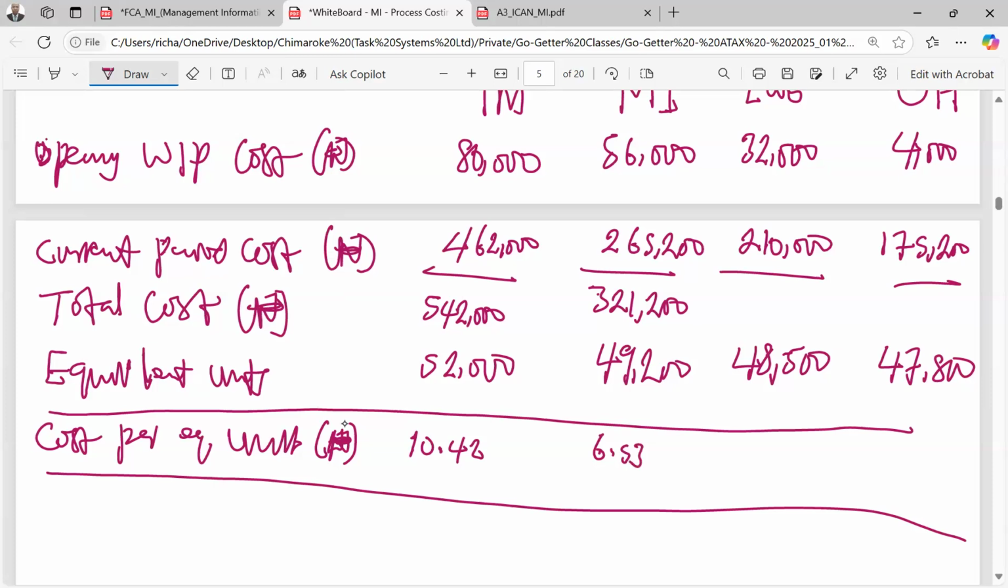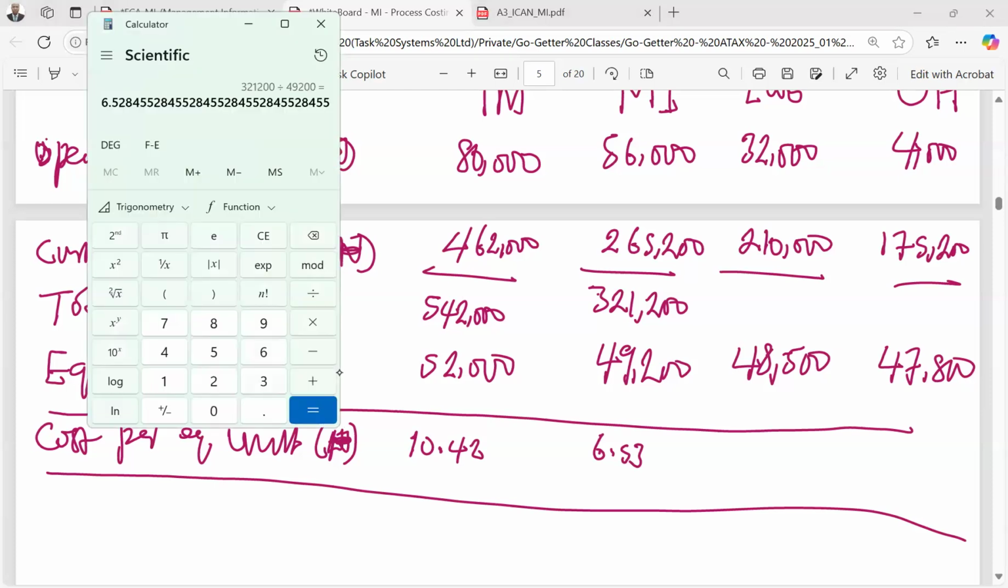The third one now is 32,000 plus 210,000. That gives me 242,000.